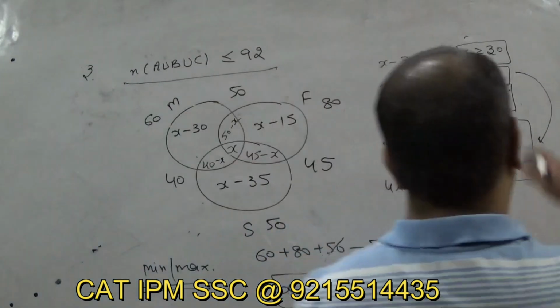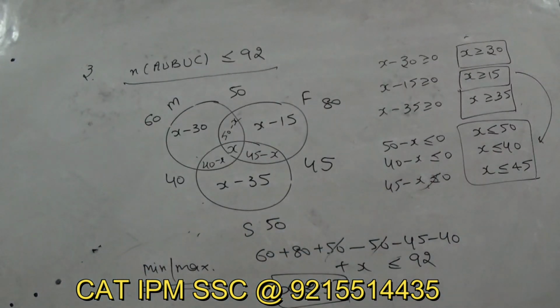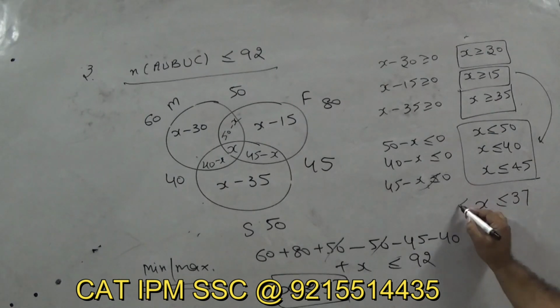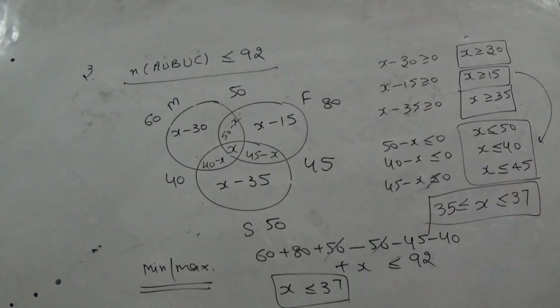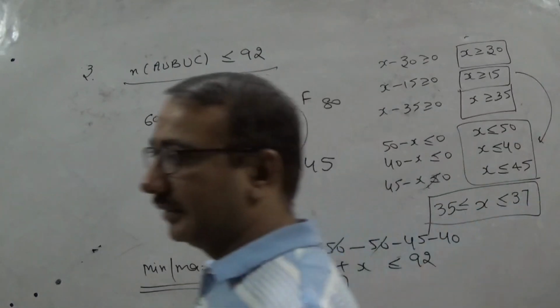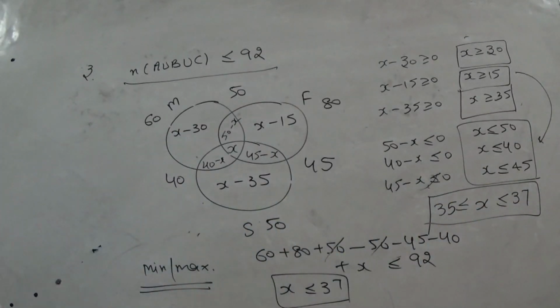So after combining all the three, I can say that X is less than or equal to 37, greater than or equal to 35. Okay, so this is the limit for X. The maximum value of X is 37 and the minimum value of X is 35, right? That condition we have got.